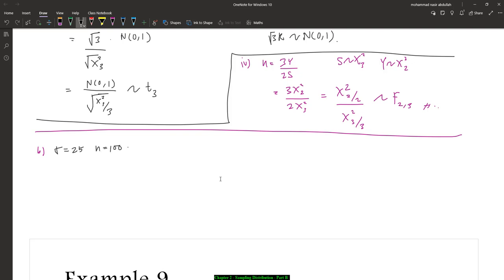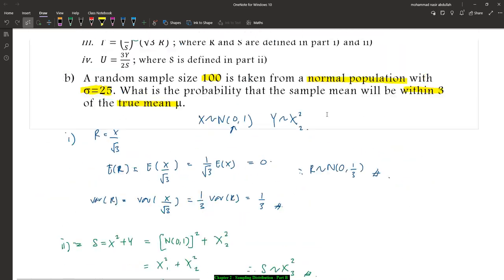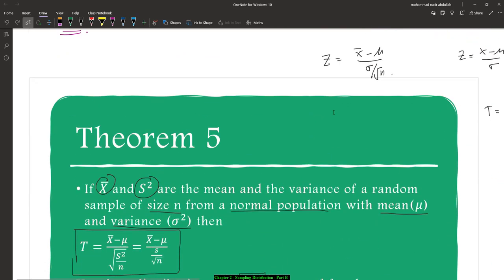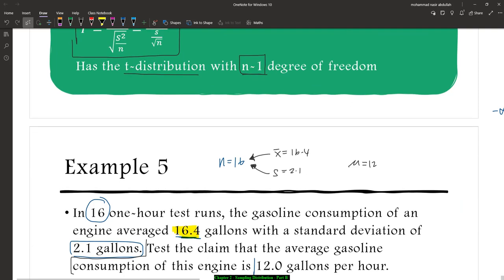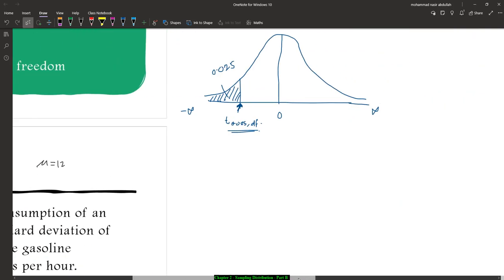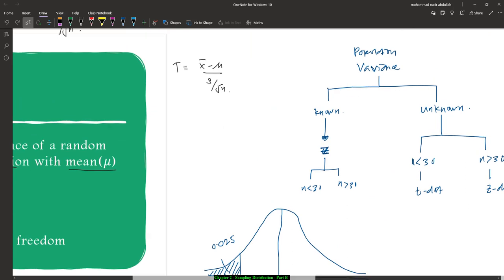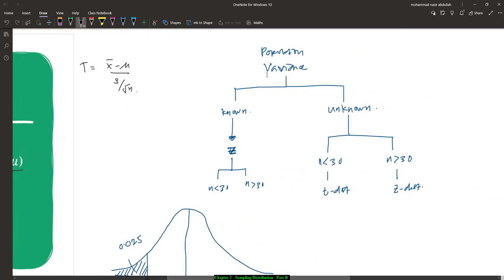So remember the chart I gave you earlier, the chart I wrote earlier, where is it? This chart, right? So when the population variance is known, we directly use the Z distribution, no matter how large or small the sample size is. So we're going to use the Z distribution.